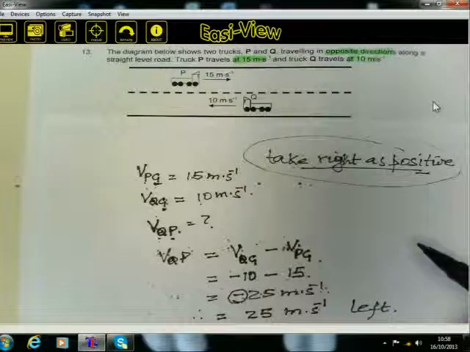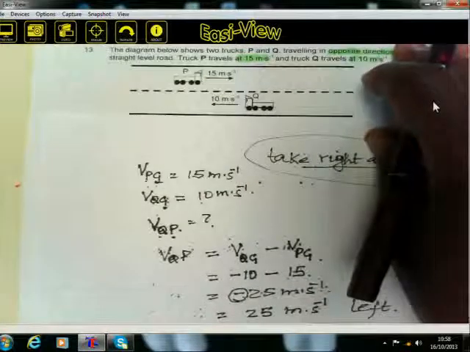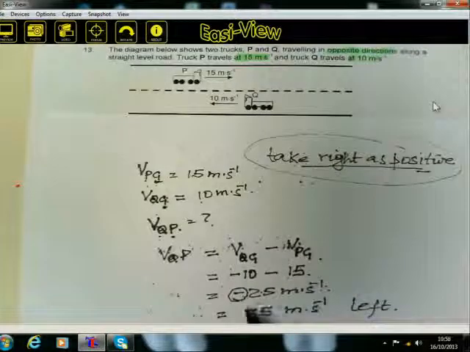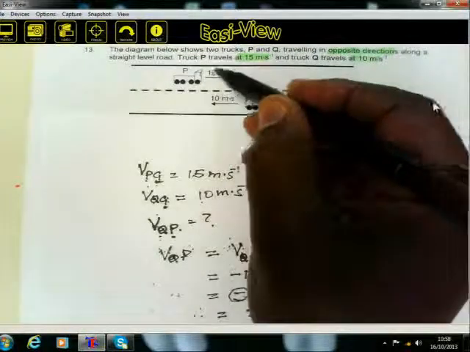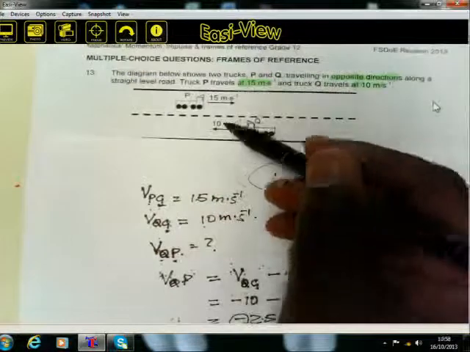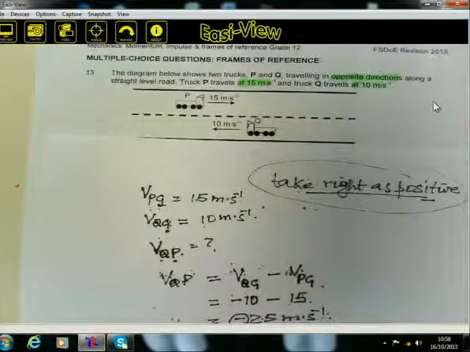And I am sure you will also notice that in essence what we have got here is, if you add the 15 to the 10, you will notice that you get 25.